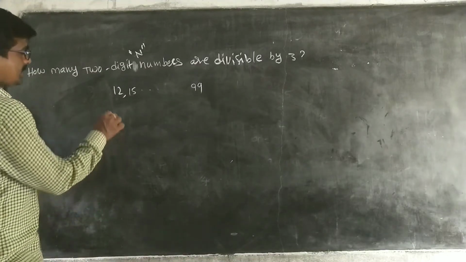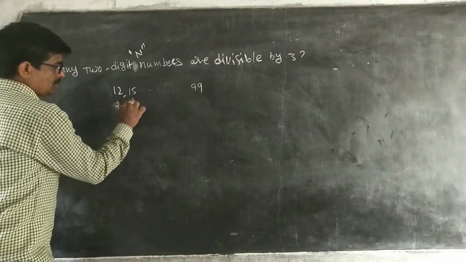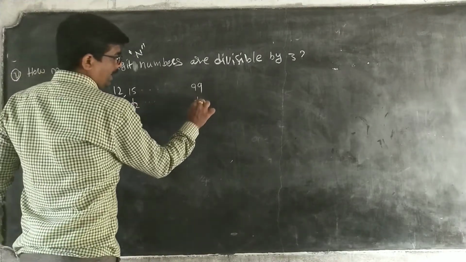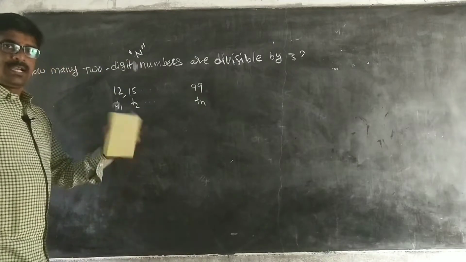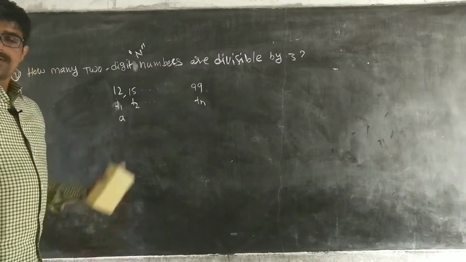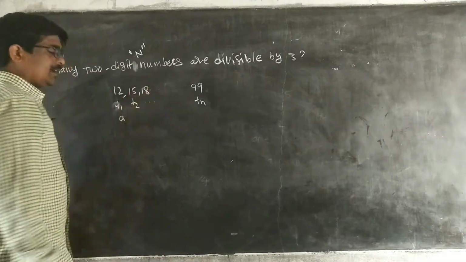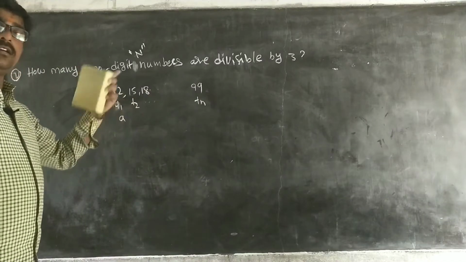So this is a or T1, T2, up to Tn. We don't know the number of terms. First term is called a, 12. Second term, 15. Third term, 18.